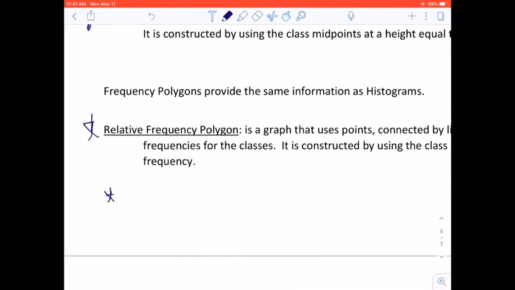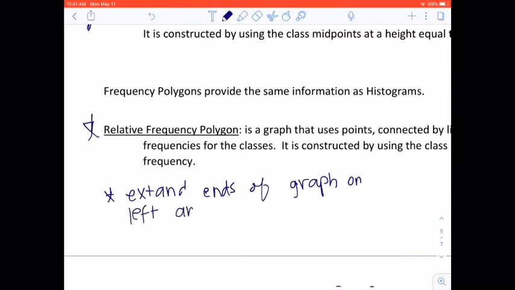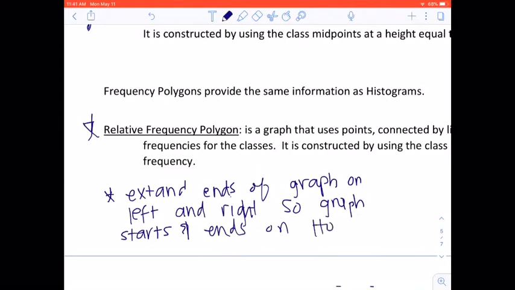And then there's a note for both of these that we're going to add in. And that is extend ends of your graph on the left and right, so the graph starts and ends on the horizontal line.